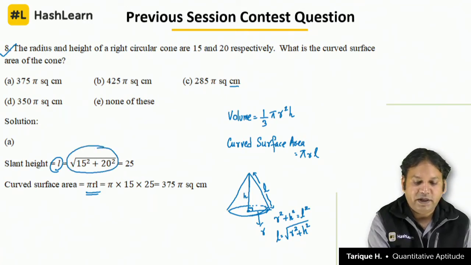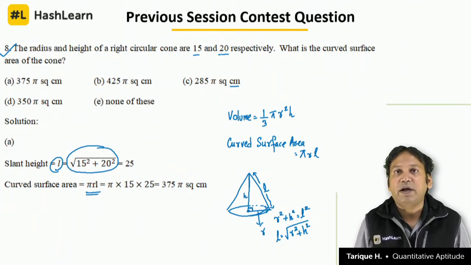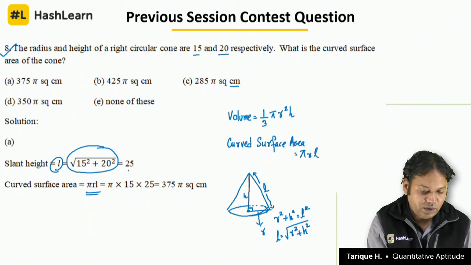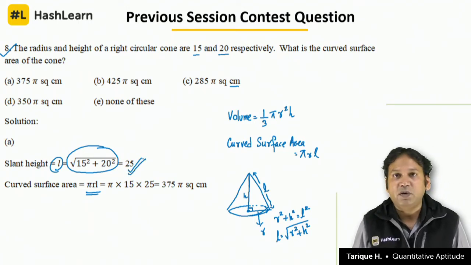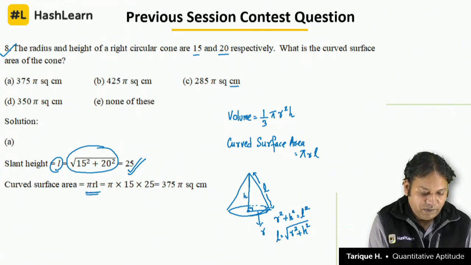The radius is 15 and the height is 20, so under root 15 square 225 plus 20 square 400, 400 plus 225 is 625, under root is 25. So we get to know the slant height of the cone, and then we put everything in the formula, pi r l. Pi is left as pi because all answer options contain pi.